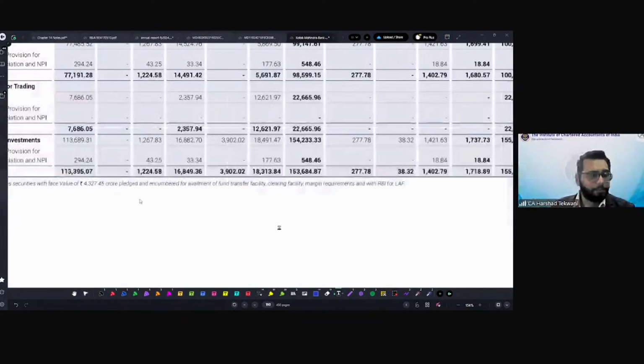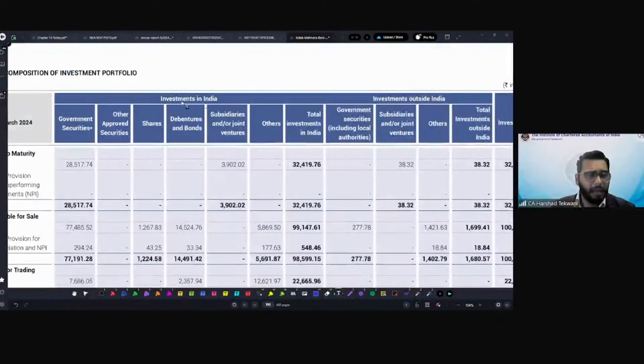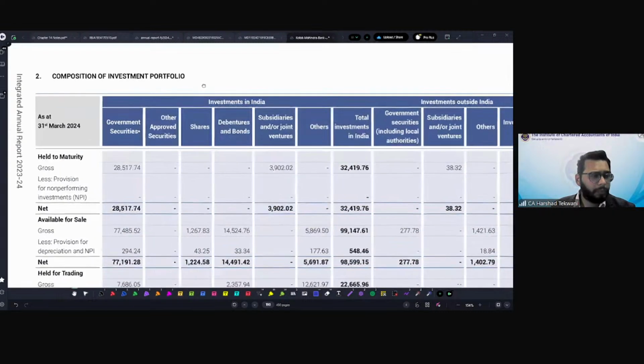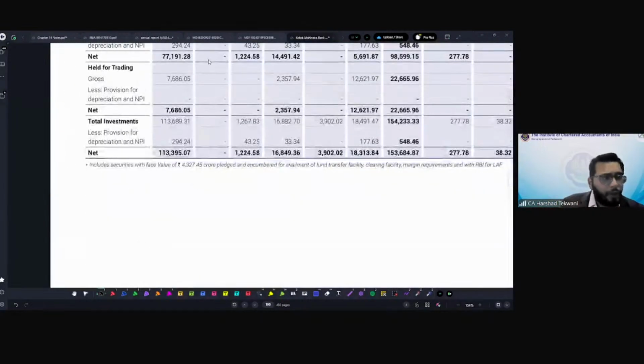Okay. See over here, these are various investments in India, outside India, that are being reported in the financial statement. And if you see, there are different categories involved over here: held to maturity, available for sale, held for trading, total investments, and provisions in front of that.